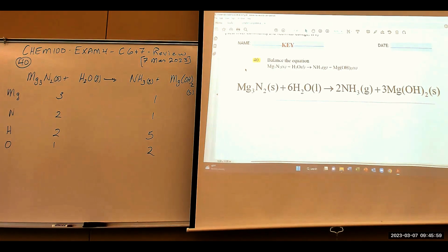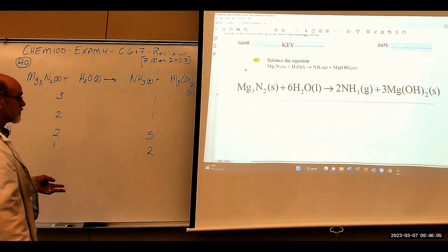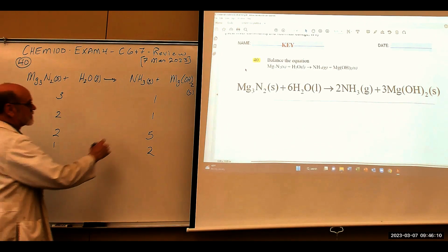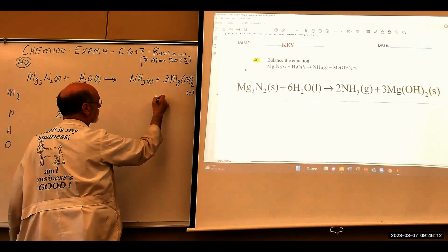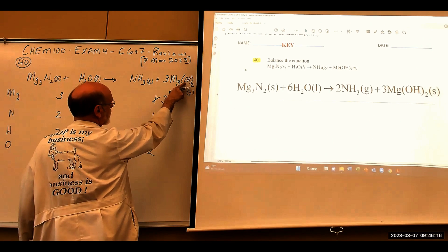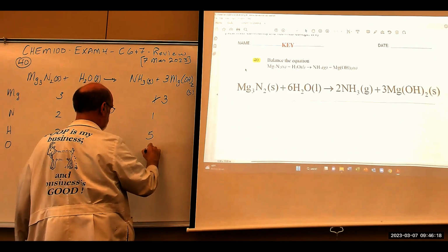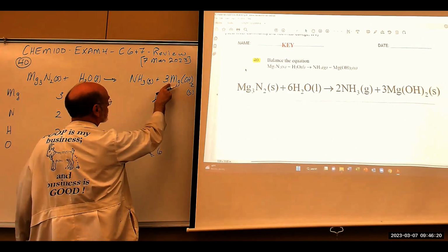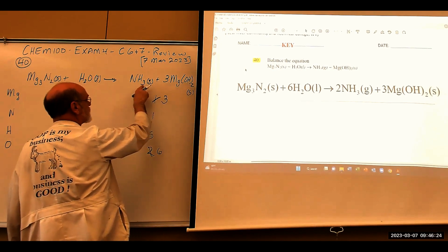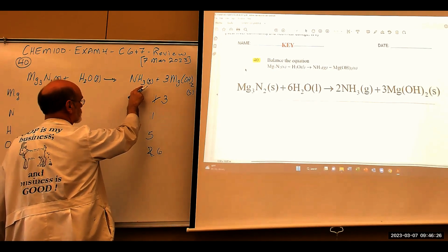Let's see, where do we start? Well, I don't have any special intuition here. Let's just start at the top. 3 magnesiums. Okay. But that changes the number of oxygens. So 3 times 2 is 6 oxygens. And 3 times 2 is also 6 hydrogens, plus 3 hydrogens is 9 hydrogens.